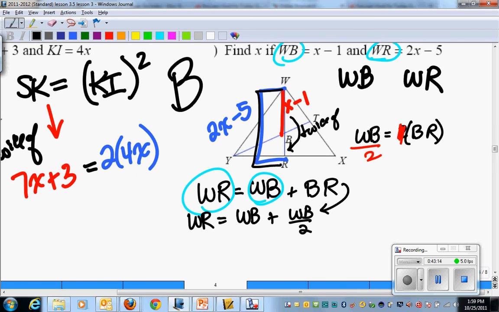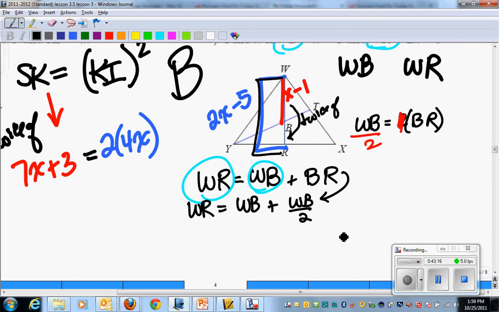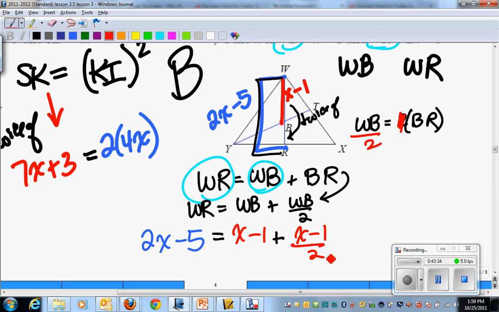Now we plug in our equations. We know WR is 2x minus 5 equals WB is x minus 1 plus x minus 1 again, but over 2. Now, how many of you love working with fractions? Love. I'm so glad, Daniel. For the rest of the world, not so much. Okay, so this is what I recommend, guys. We're going to get rid of the fraction. We're going to put a giant 2 here.